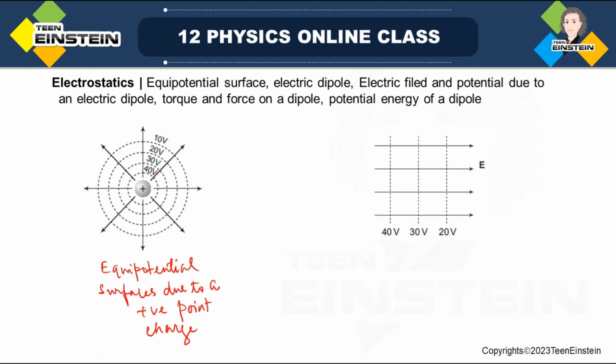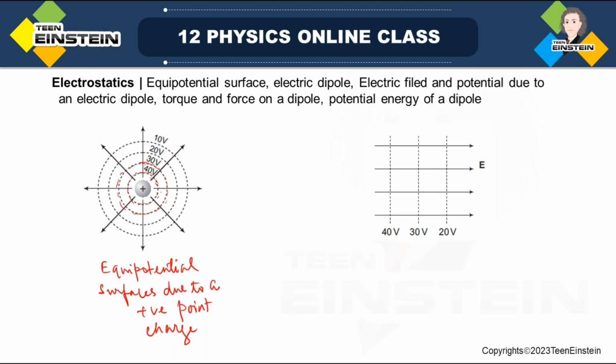See, if I draw concentric spherical surfaces at different distances, for example, this spherical surface has got 40-volt potential at each point on the surface. The second one, see, second one, a little bit larger radius than this. Okay, so this is a spherical surface.